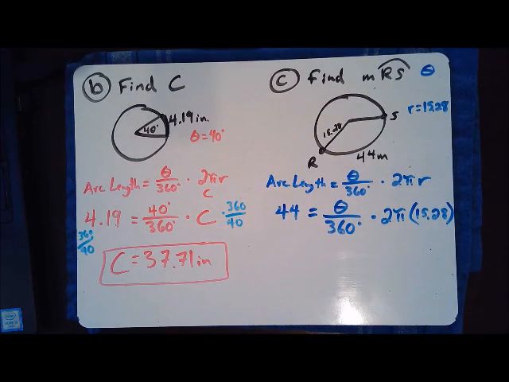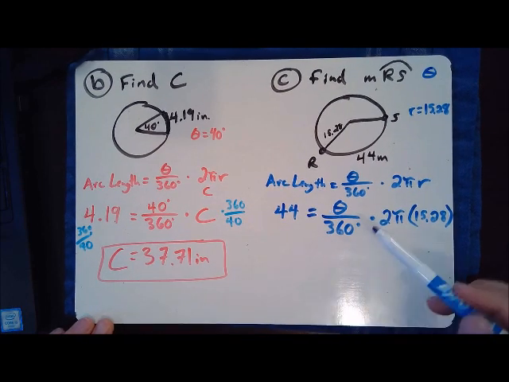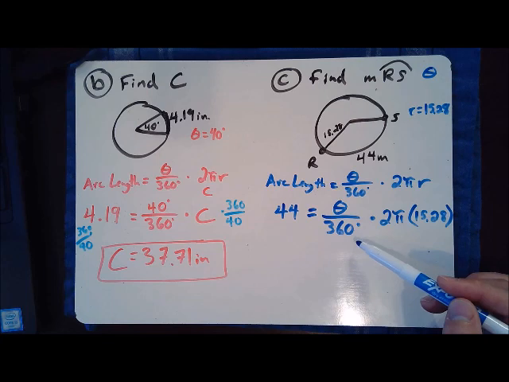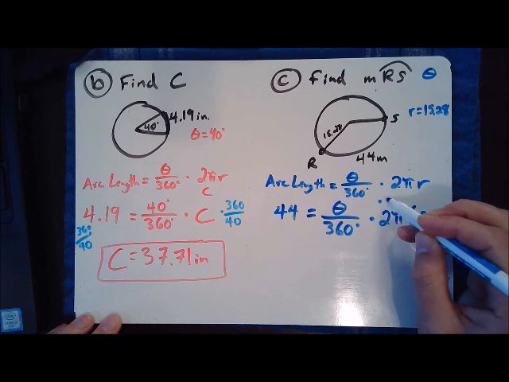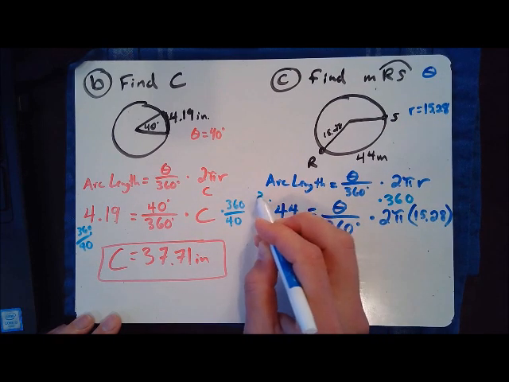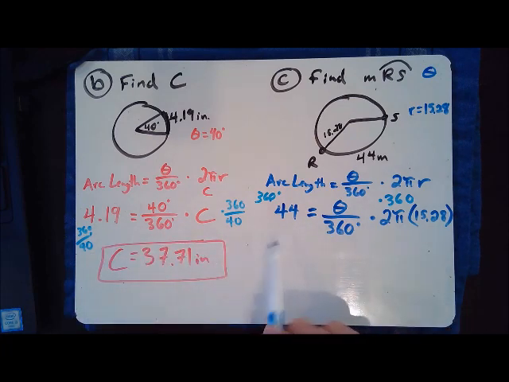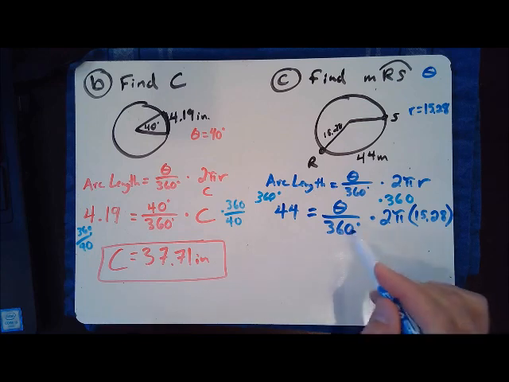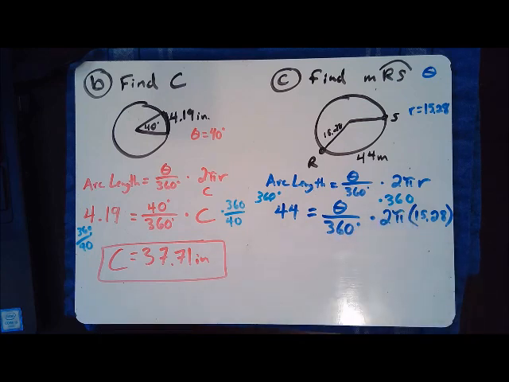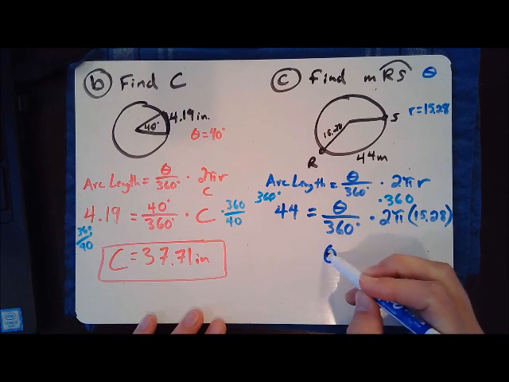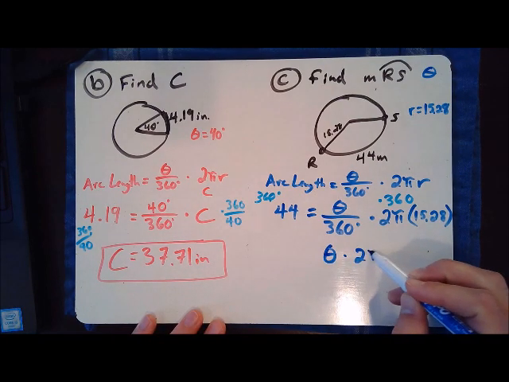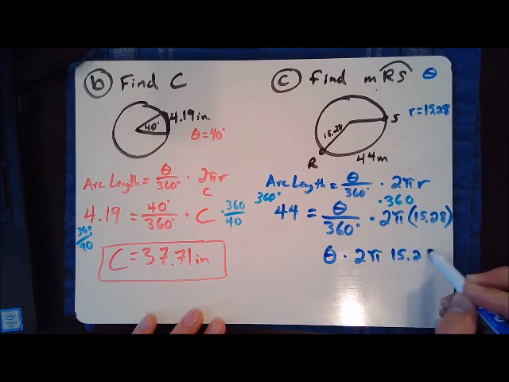Now there are a lot of ways that I can continue solving this problem, but the one thing that I usually want to do is get rid of fractions if I can. Here the denominator is 360 degrees, so I'm going to multiply both sides of the equation by 360. When that cancels the 360 out, on the right side of the equation I'd be left with just theta times 2 pi times 15.28.